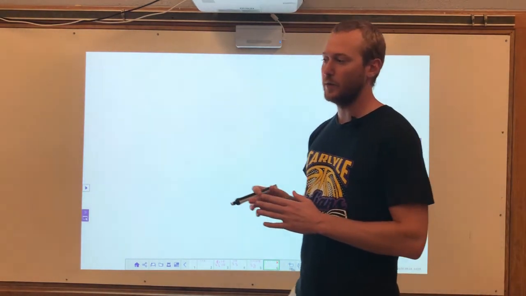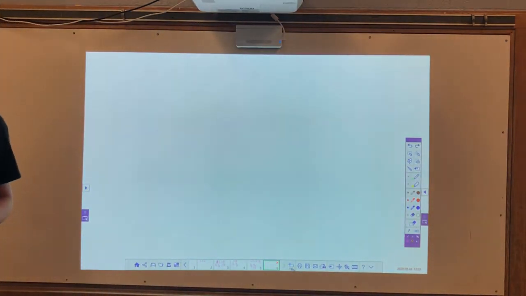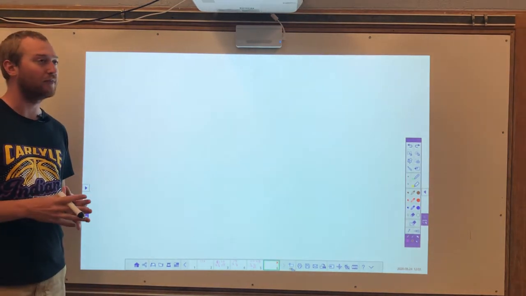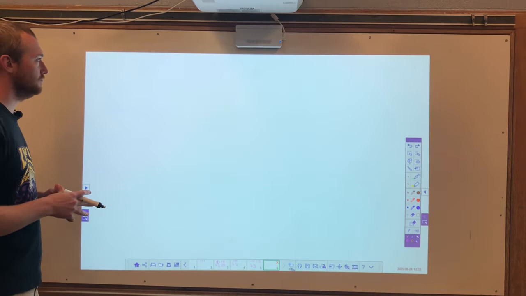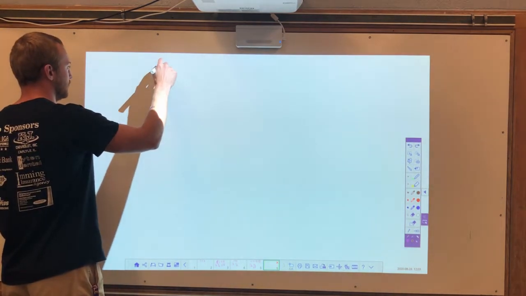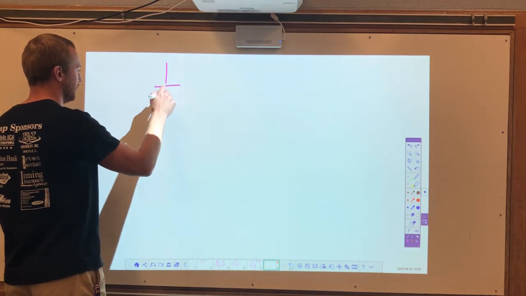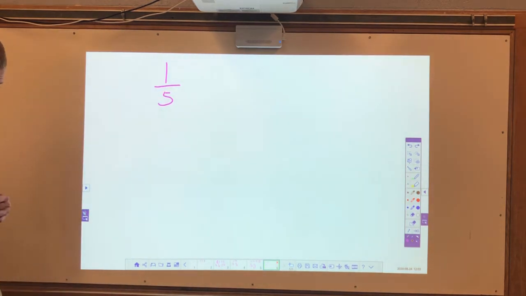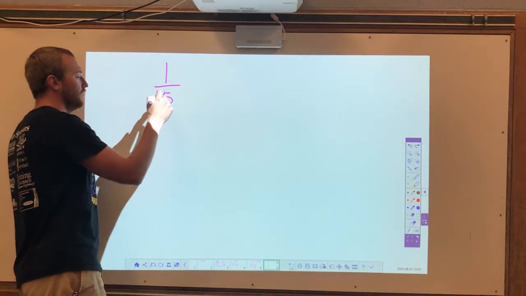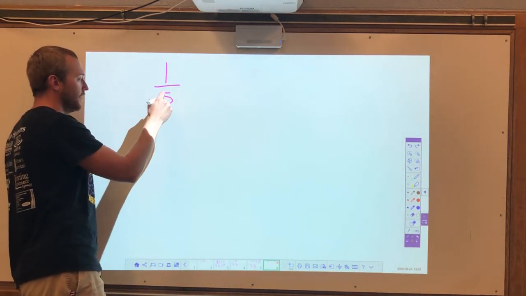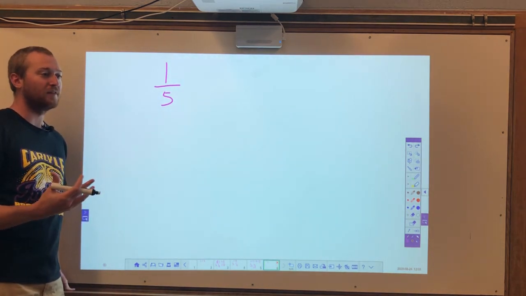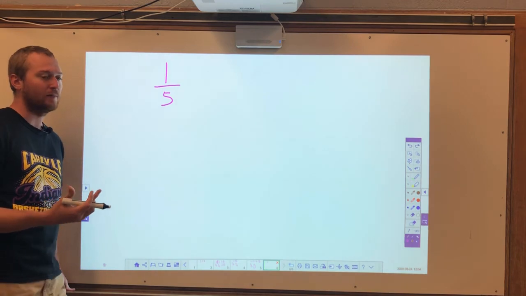One last thing I really want to address, because it's something really important, not just for this lesson, but all throughout math. If we have 1/5, and I want to multiply 1/5 by a number that will give me 1/5 as my answer, what would I need to be multiplying by?